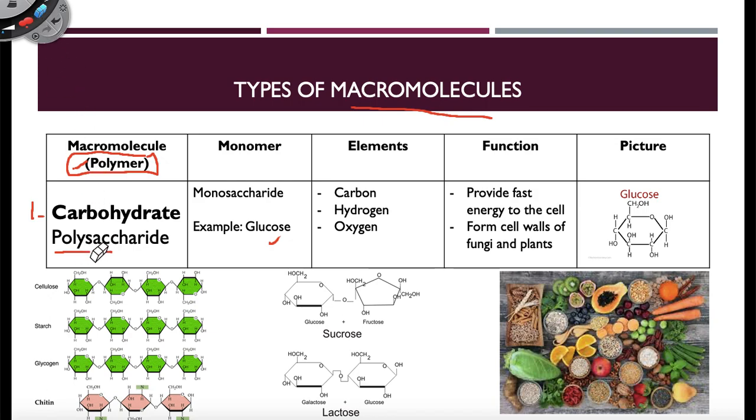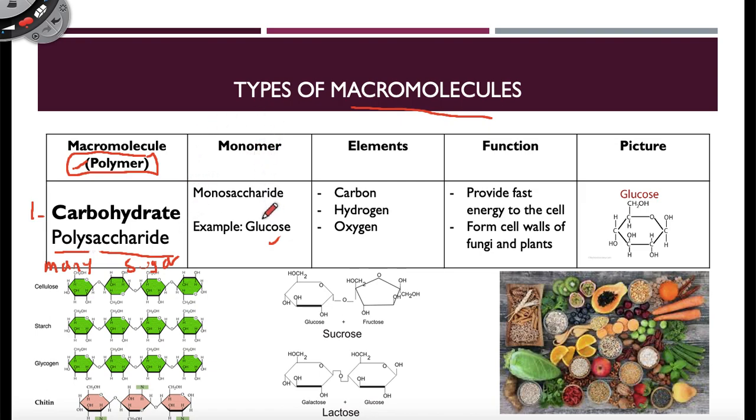We think of a carbohydrate as a poly, which means many, saccharide, which means sugar. So you put many sugars together, you put many monomers of sugars together, and you get a polymer. And this polymer is called a polysaccharide. And this polysaccharide happens to be a carbohydrate.